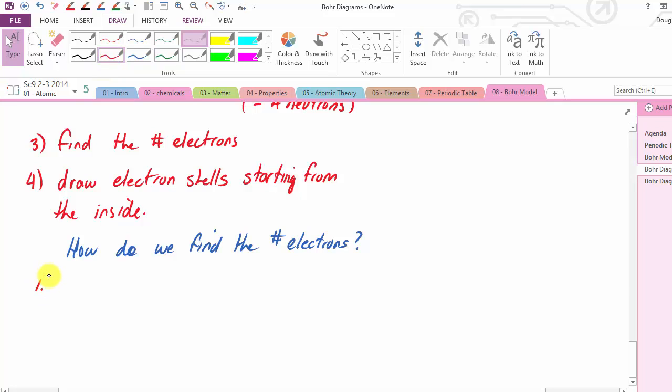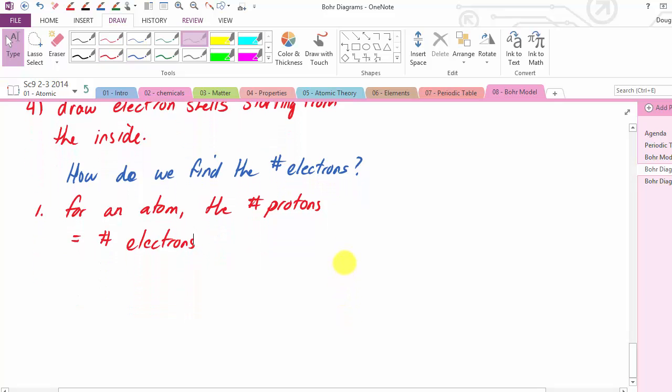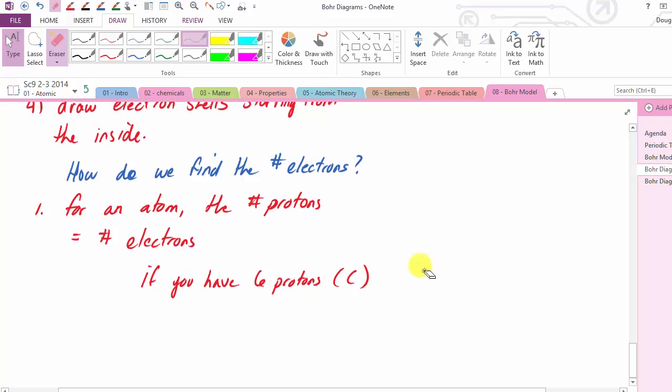In a neutral atom, so when we're just talking about a regular atom, no ions, the number of protons equals the number of electrons. So if you have 6 protons, that happens to be carbon, that gives you a charge of positive 6.